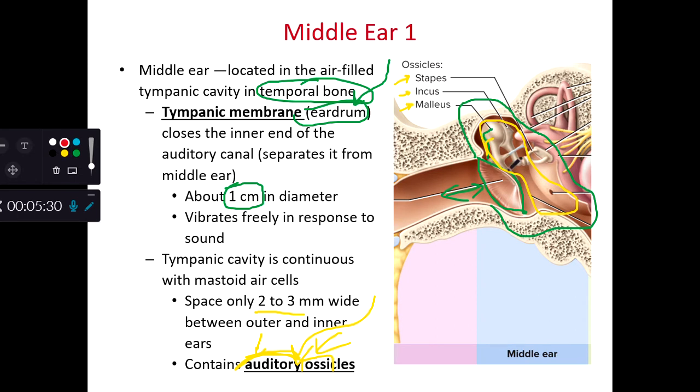So as we look at this first bone that attaches directly to the tympanic membrane, excuse me, it is going to be the malleus. And then as we look at the next bone, the incus in green, that incus is located right here.